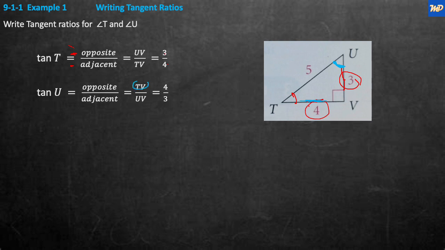TV is opposite. And the adjacent leg is UV. U to V right here. And as you can see, here's the angle, and it's adjacent, so it is touching it, not opposite it, okay? And in that case, we have 4 and 3. So 4, the opposite divided by the adjacent, 3. We have 4/3.